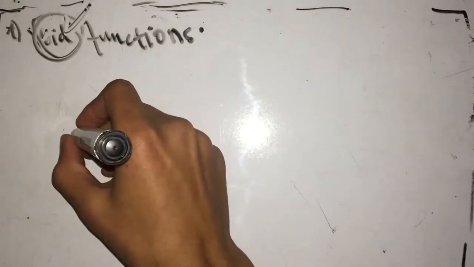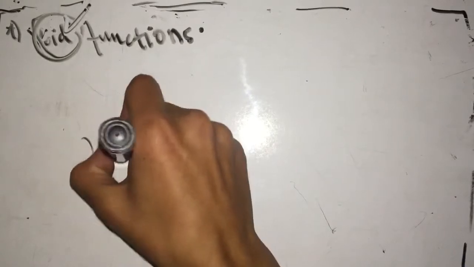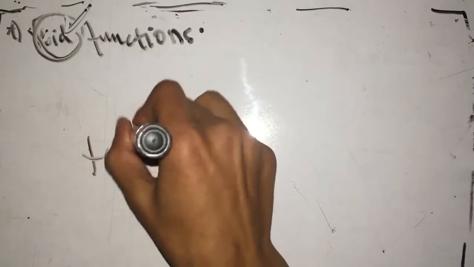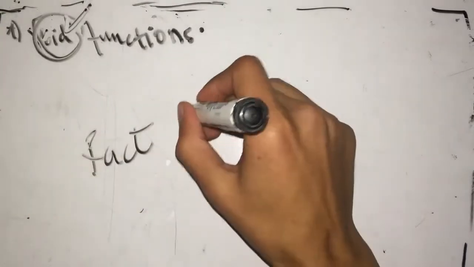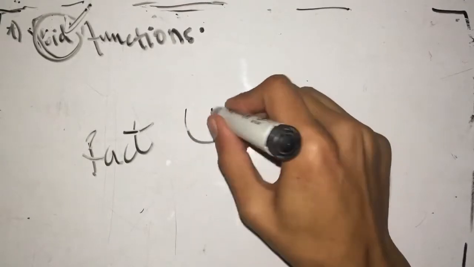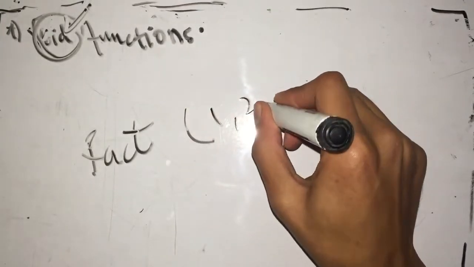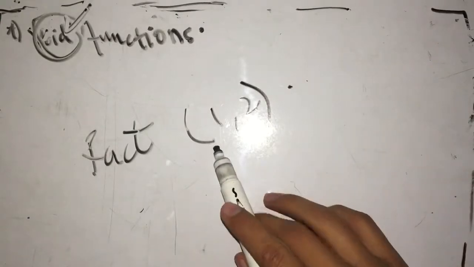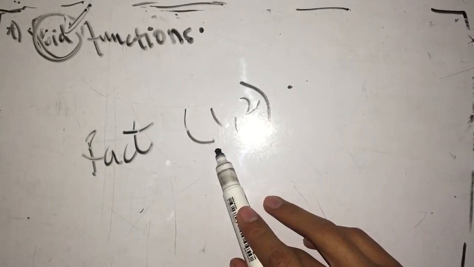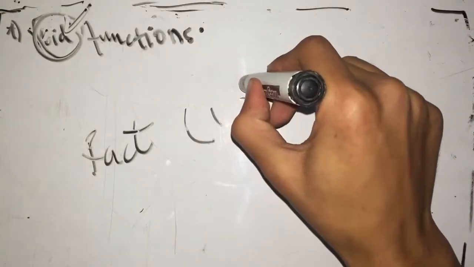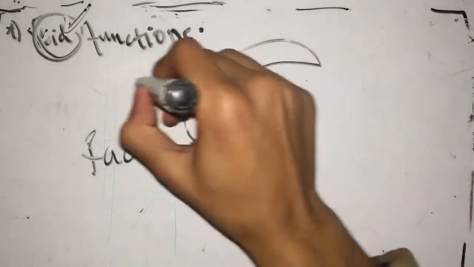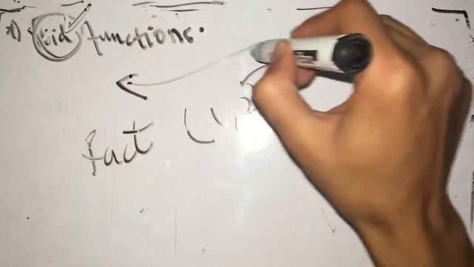So for example, you call a function, say the function name is fact, and then you enter the parameters, for example, 1 and 2. When the compiler reads the function call statement, the control shifts, just like the value returning function, over to where the function is defined.